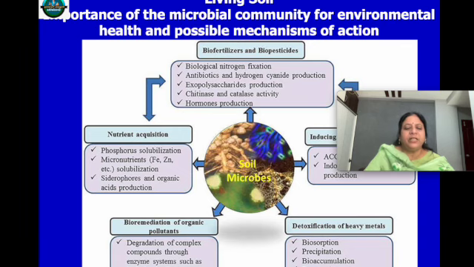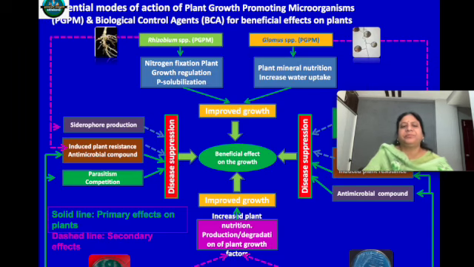Bioremediation of organic pollutants, degradation of complex compounds through enzyme systems such as hydrolases and oxygenases, so they can bioremediate the organic pollutants. And nutrient acquisition: they can release the nutrients and acquire the nutrients. In this way, the soil microbes are useful in many ways to the plants.